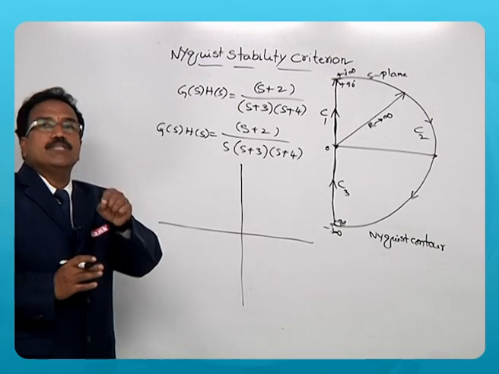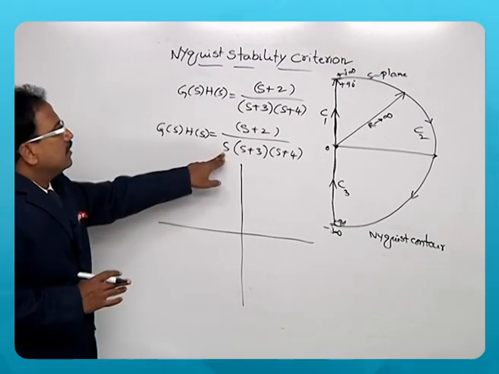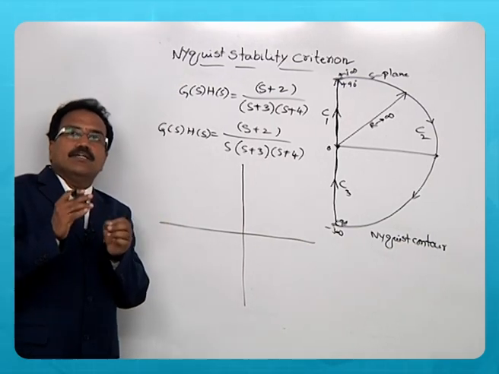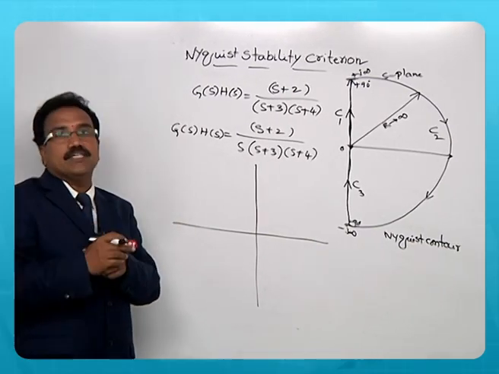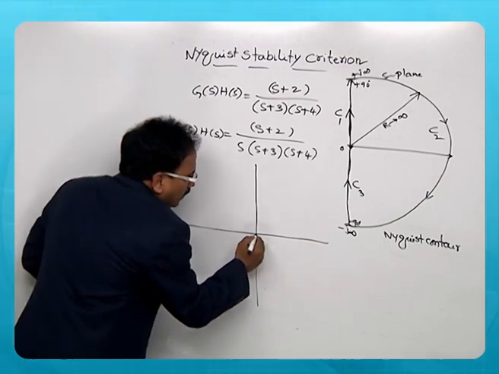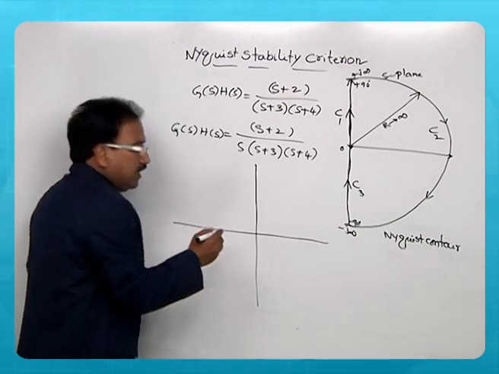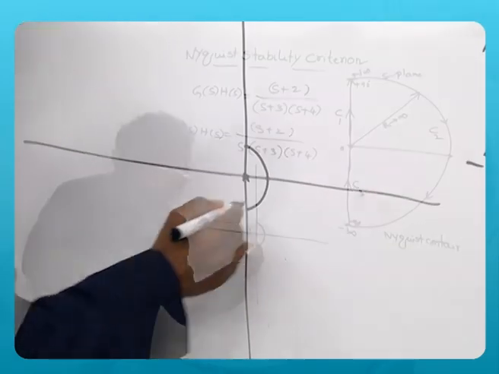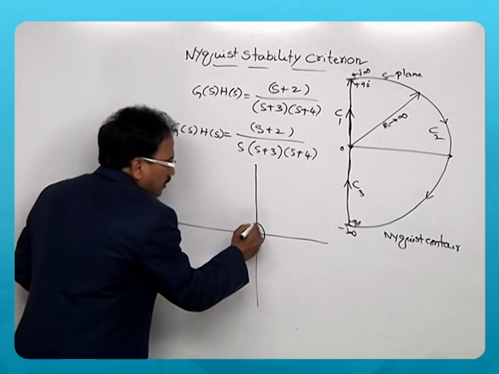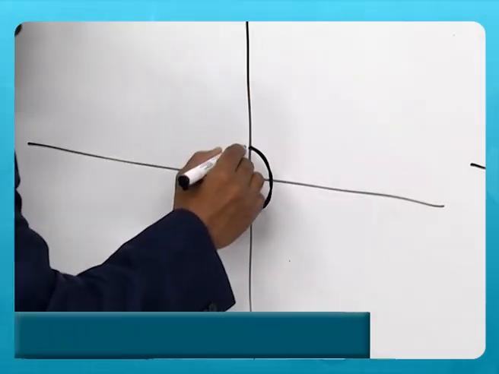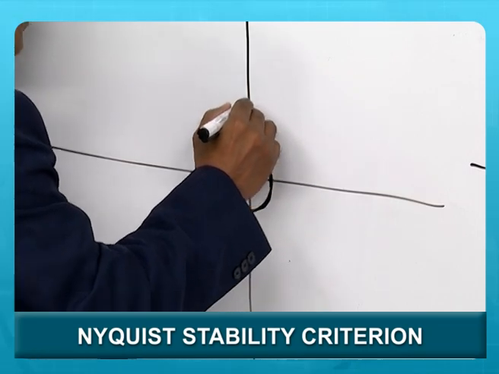But if there is a pole at origin or on the imaginary axis, Nyquist bypassed it. That means if there is a pole at origin here, then he bypasses that pole at origin, and the Nyquist contour for this will be like this.